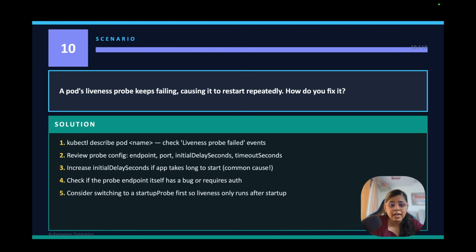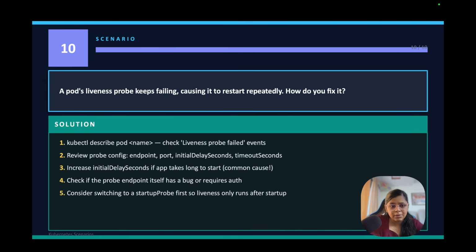You can check the config of your probe, that is the endpoint that you have defined for your liveness probe. You can check the port, the initial delay seconds, the timeout seconds. You can increase the initial delay seconds. Sometimes, let's say you have a backend application and that pod needs to connect to a database, and it might take some time to connect.